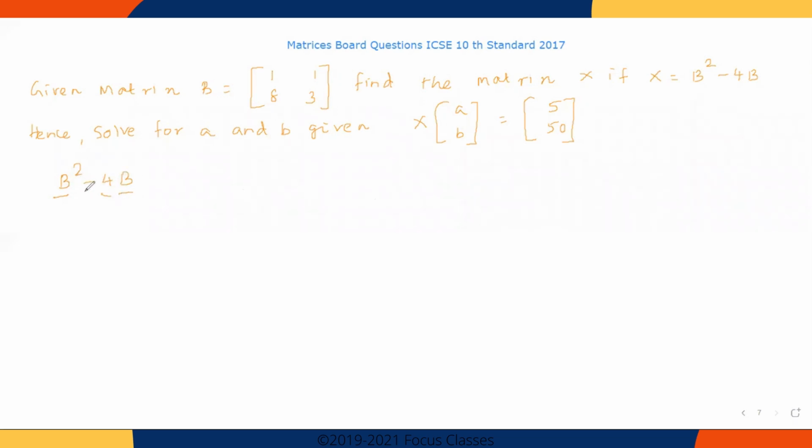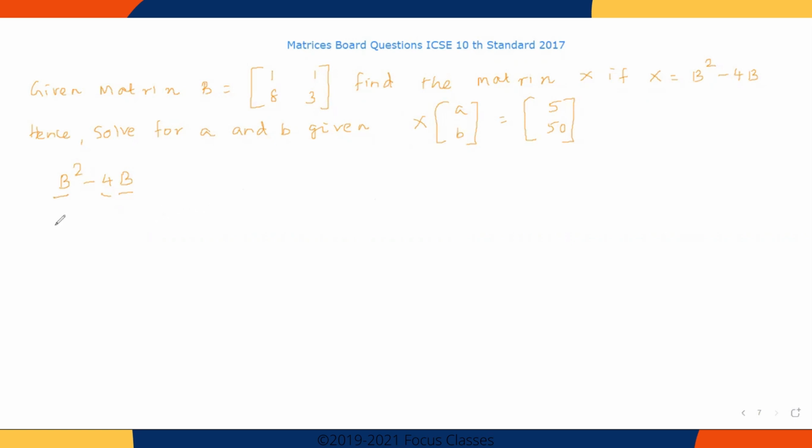Then after subtracting, we will equate with X. From the value of X, it is easy for us to find the value of a and b, because X of a, b is equal to [5, 50]. So once we find X, it is easy to find a and b.